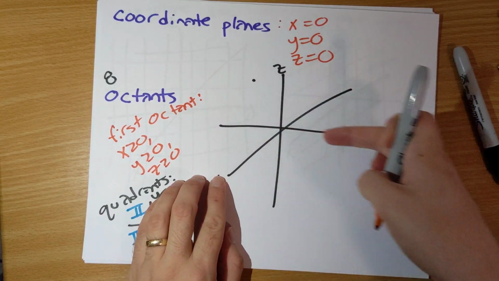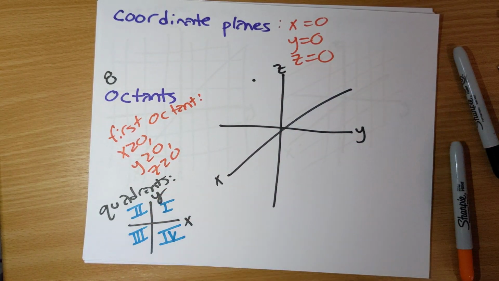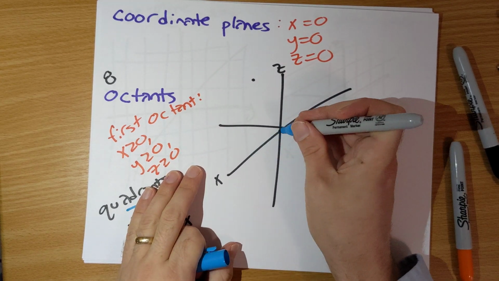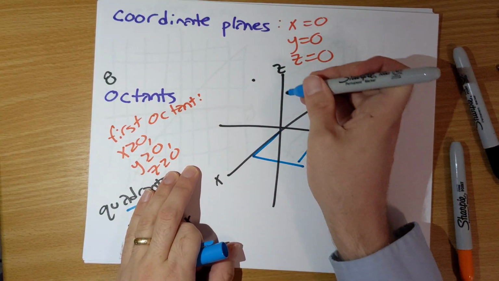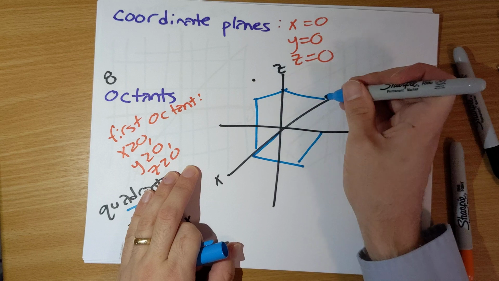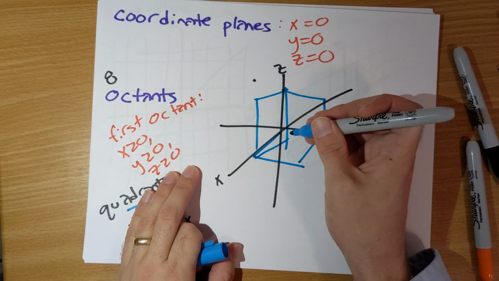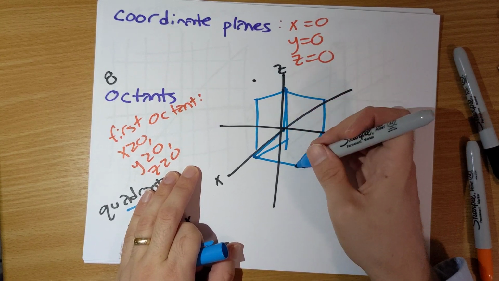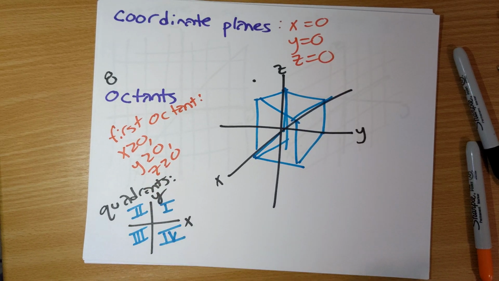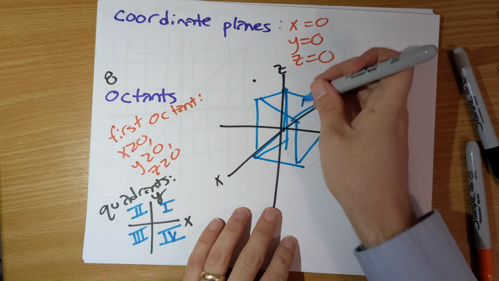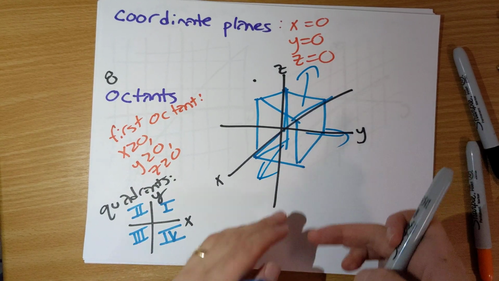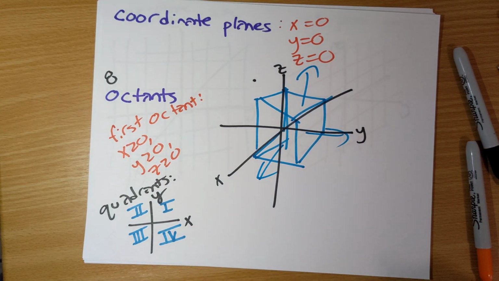So positive x, positive y, positive z, something like this here, all the space going off in this direction, this direction, this direction. This would be the first octant.